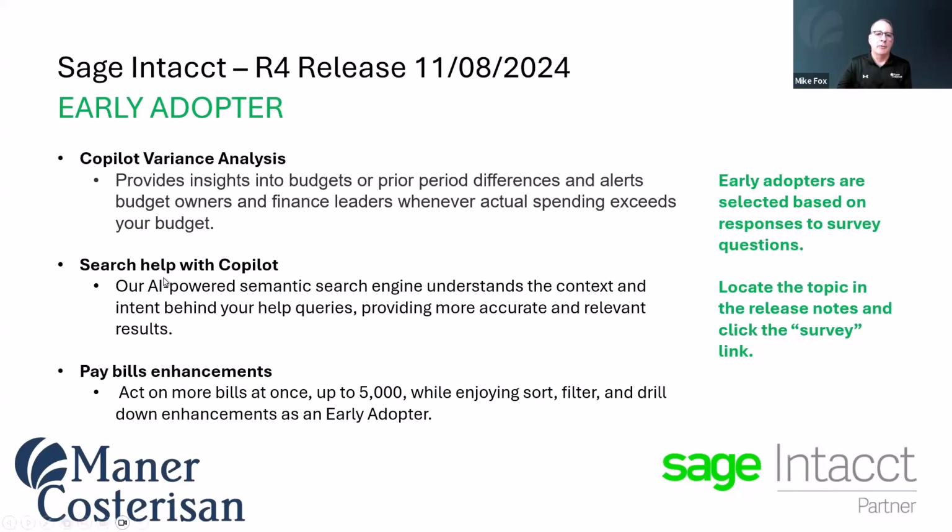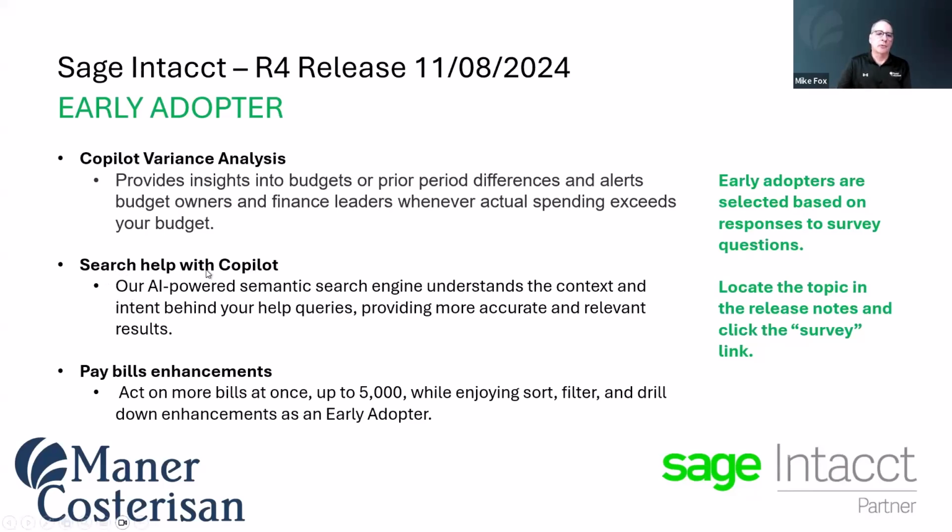So you can sign up for early adopter. There's a survey on the release notes. When you click on this, there's information about it, and there's a link for a survey. And they're going to be kind of picky about who they choose, because they want to pick early adopters that will allow them to test how this is working.